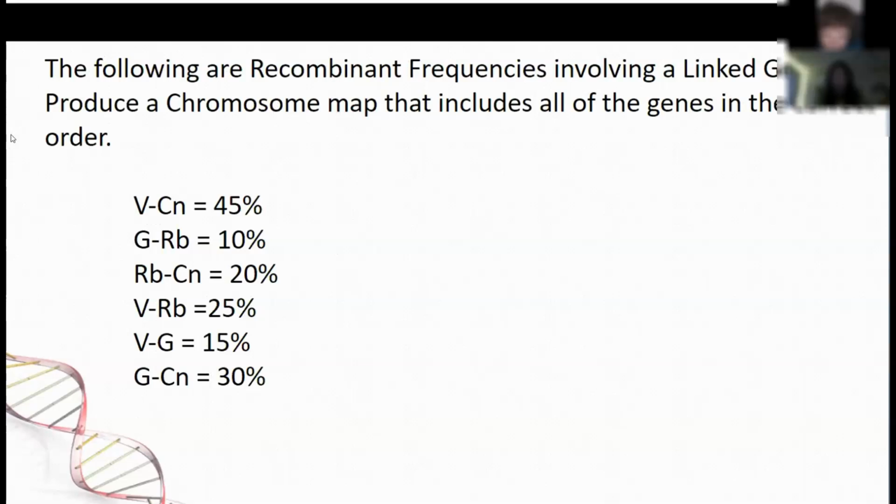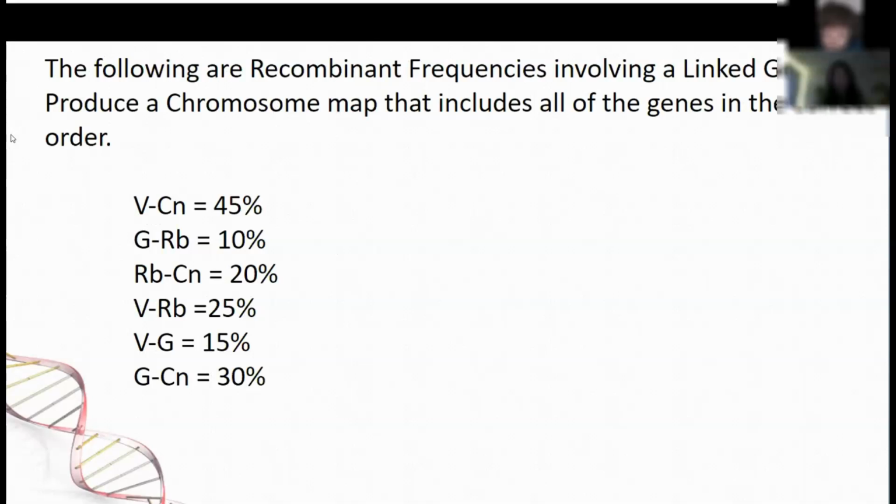And then RB was 25, so between my 15 and 30. 25 from V was RB, and RB was also 20 from CN. So that satisfied that.